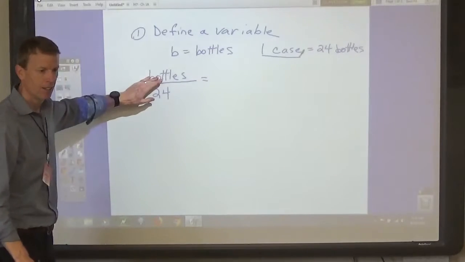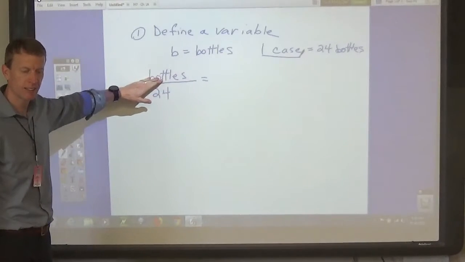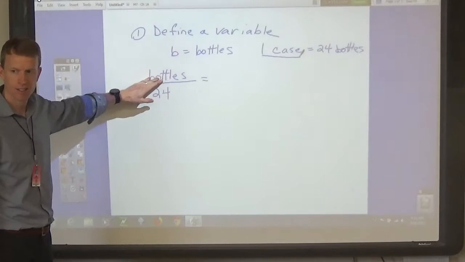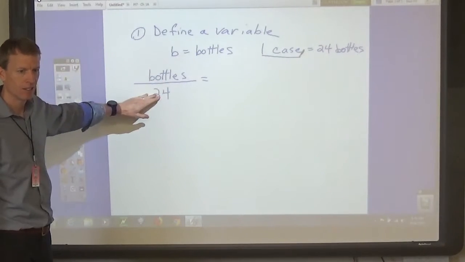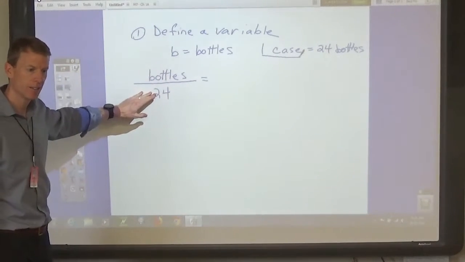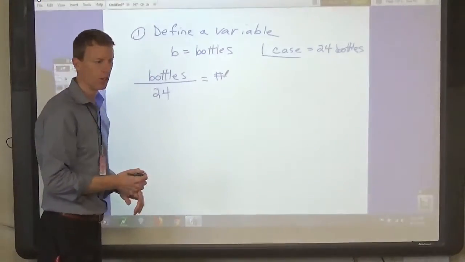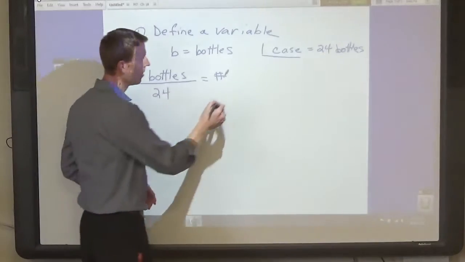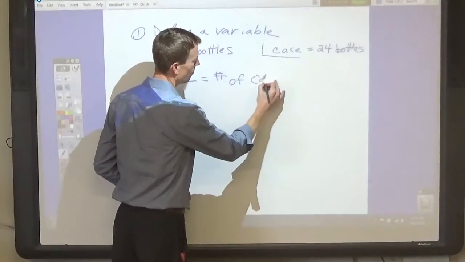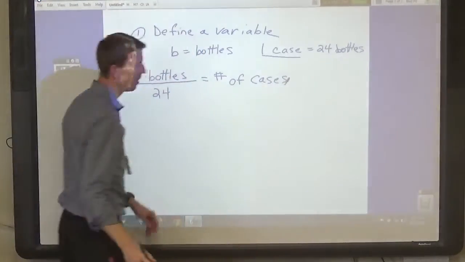So if we have 500 bottles, how many cases is that? You divide it by 24, right? And that would equal the number of... No, we already have cases, right? Okay.